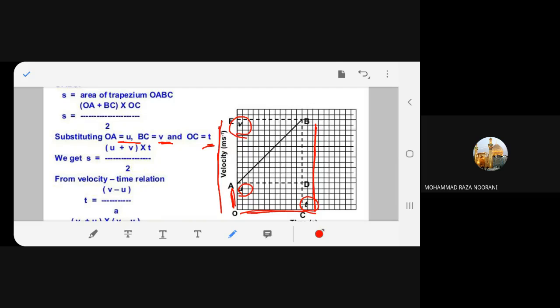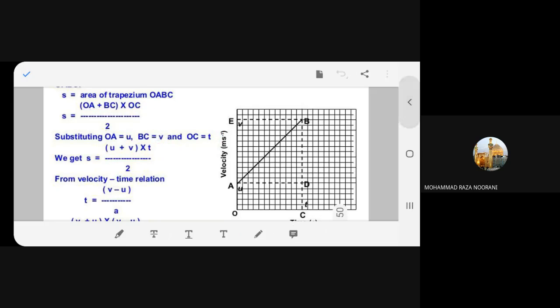Now let's put the symbols in the respective figure. So we get S is equal to, what is OA? U. You can see U over here. What is BC? V. And what is OC? It is T. So we have put all the symbols accordingly.